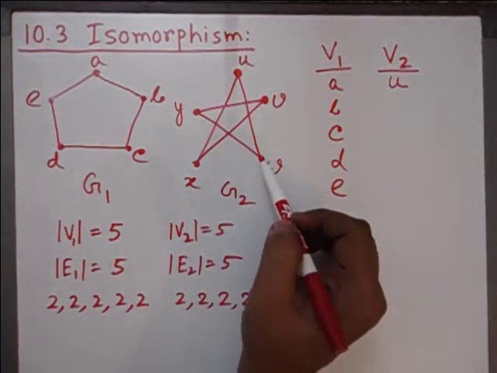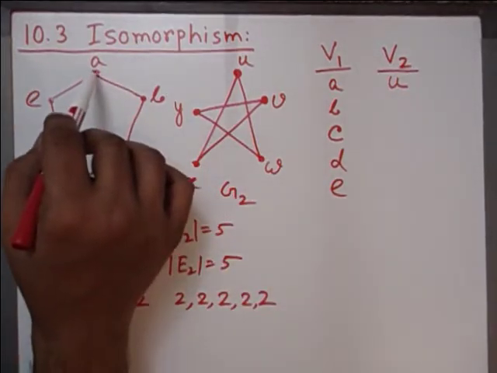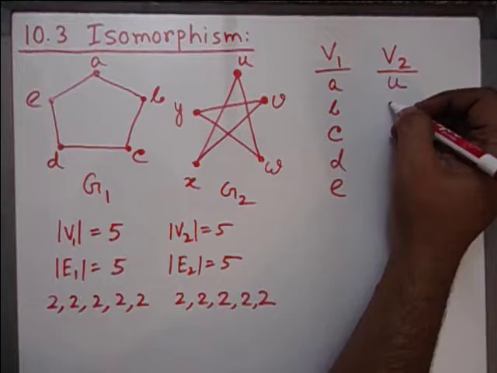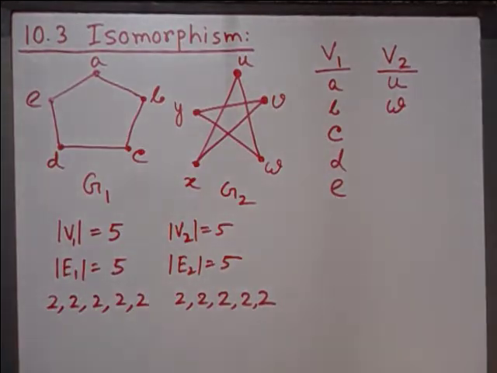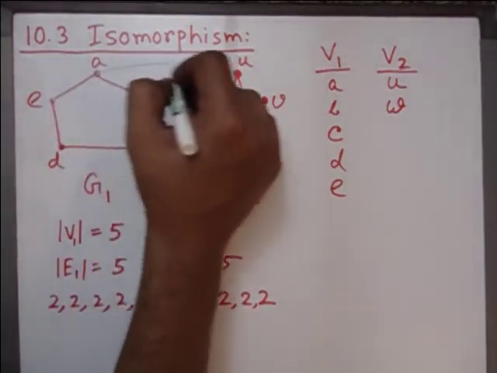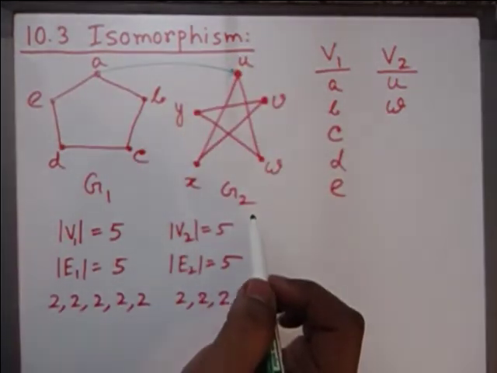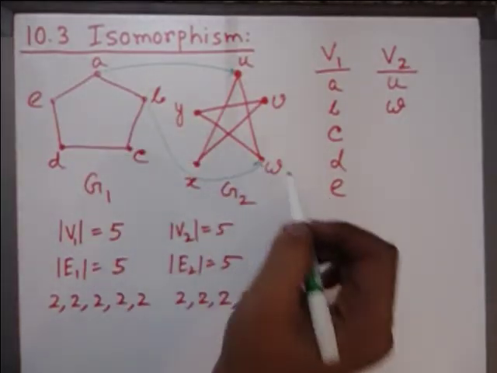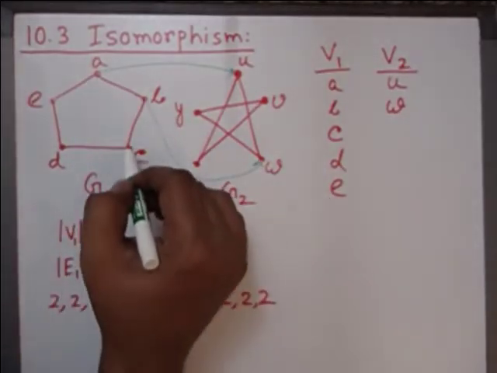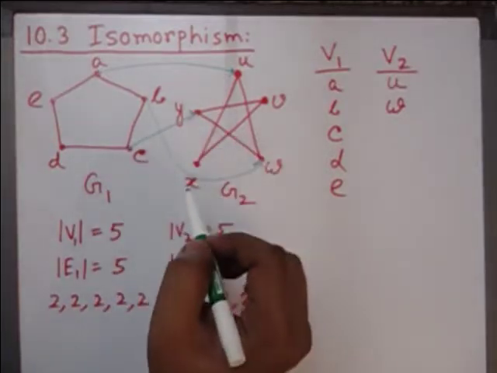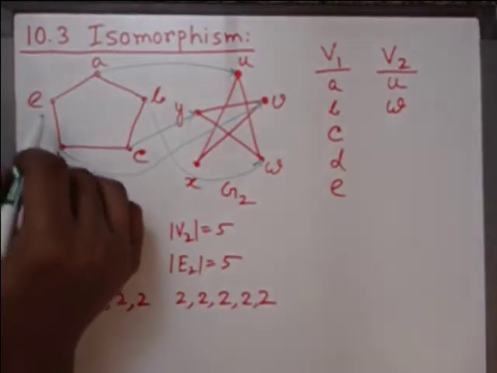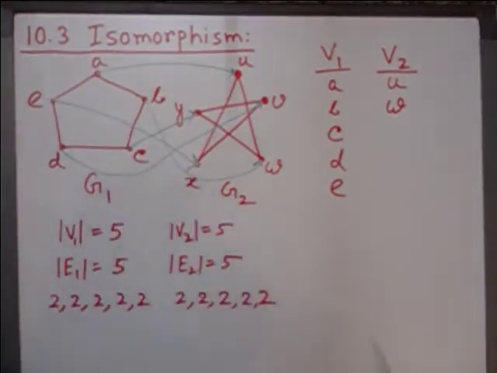Let's take W, since B is a neighbor of A. So B goes to W. C goes to Y, D goes to V, and E goes to X.